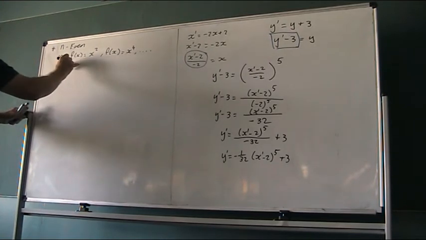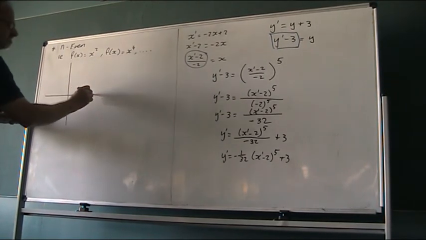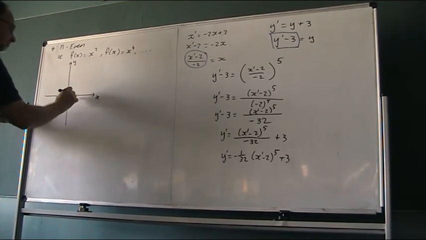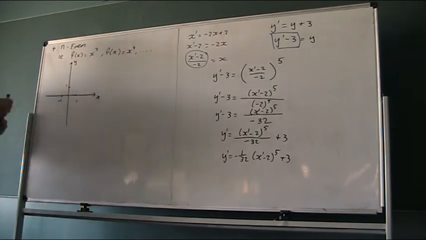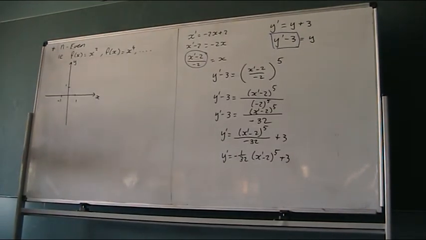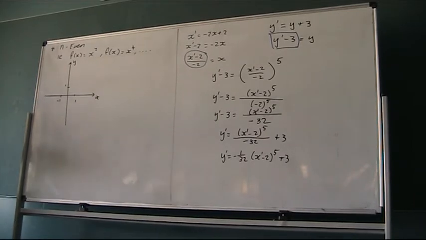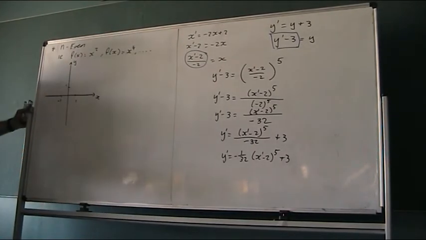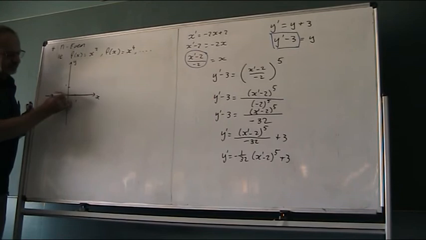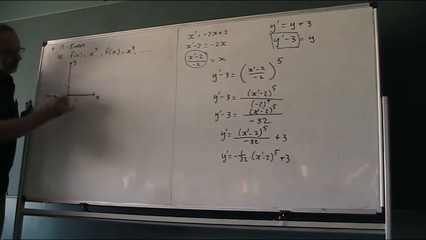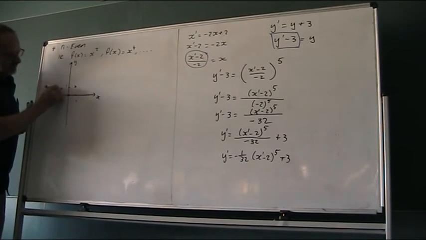So if I draw a graph, what can you tell me about x squared? Some points. It's a parabola. Some points. Turning point. 1, 1. Negative 1, 1.